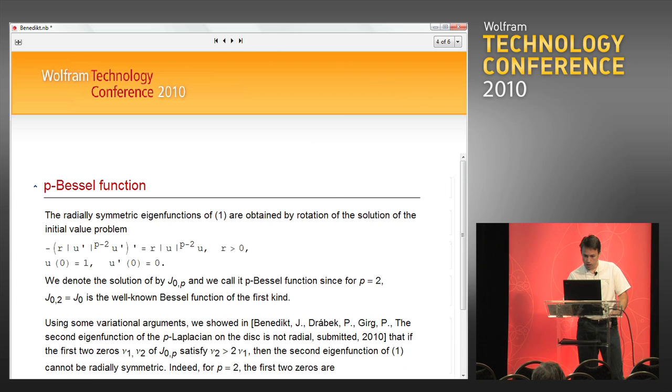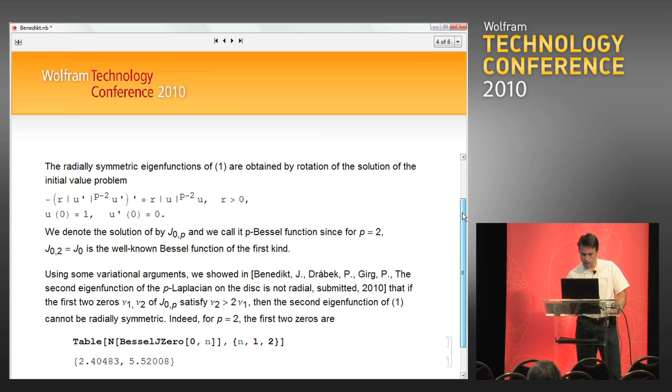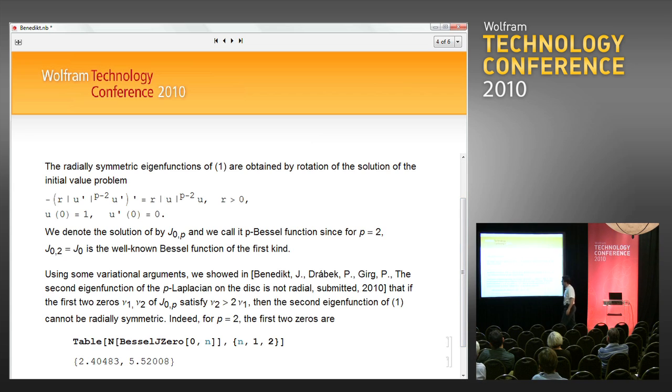Okay, so how did we prove that the second radially symmetric eigenfunction is not the second eigenfunction? Let's consider this initial value problem for this ordinary differential equation.